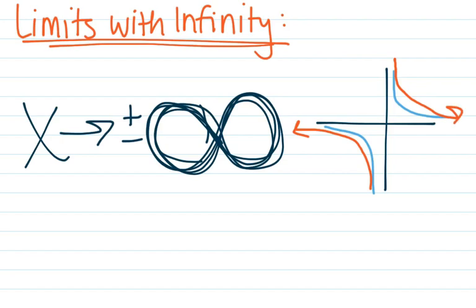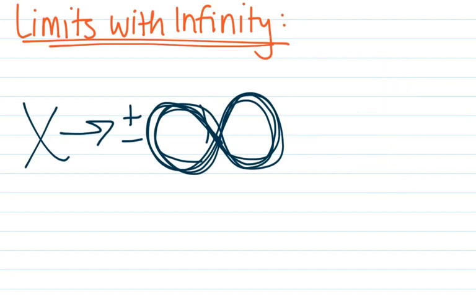And usually what this is determined by is the presence or lack thereof of some type of horizontal asymptote that the function may have. Now that's all great until we're no longer looking at a graph. So basically this is going to be a look at how to deal with this whenever you're doing limits algebraically.